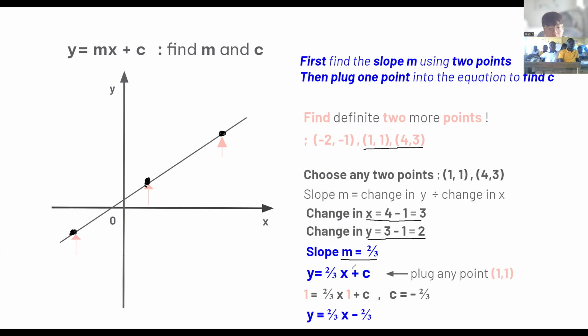So we know the slope m, but we don't know the value of c yet. So we plug in the value 1 comma 1 into the equation. X is equal to 1, y is equal to 1. Then what does this become? It becomes 1 is equal to 2 over 3 times 1 plus c.